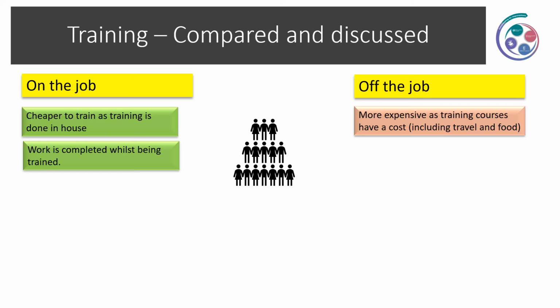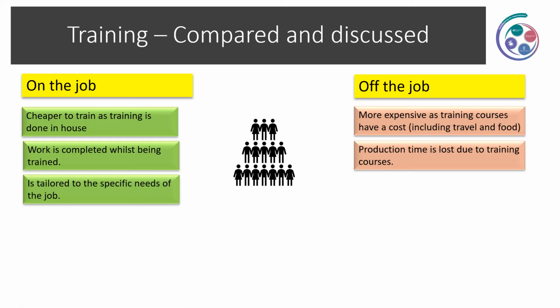The good thing about on-the-job training is work is completed whilst being trained. However, with off-the-job training, production time is lost due to training courses because you're away from the workplace. Another good thing about on-the-job training is that it's tailored to the needs of the specific job. Whereas in off-the-job training, it may not be completely relevant to the job.